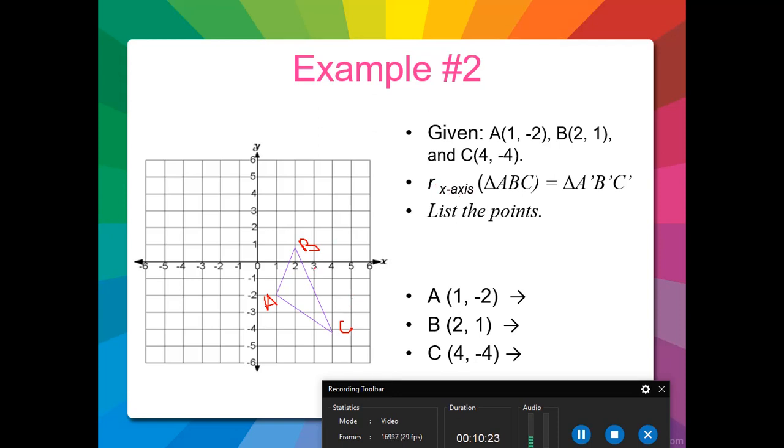This original figure is actually laying across the x-axis. So that's going to show some kind of special feature after we've done our reflection. So we're going to go over the x-axis. This time we're going to count. So if B is 1 unit above the line of reflection, B prime should be located 1 unit away. So this will be B prime.